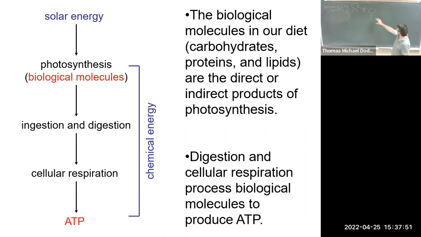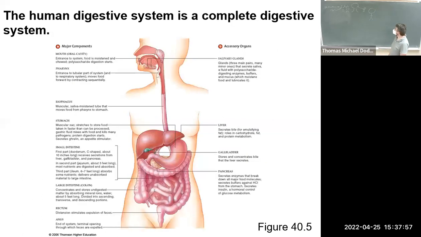So let's take a step right here and let's talk about digestion as it works its way through. So let's eat the apple. Okay, so we eat the apple. Where does it go? In your mouth.